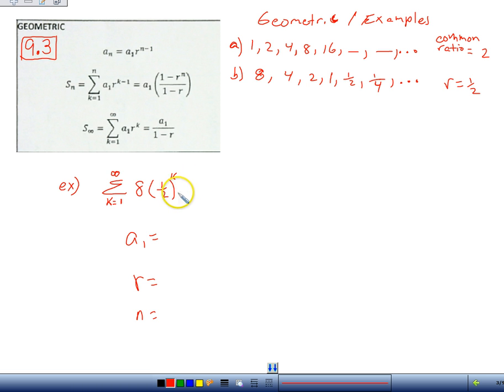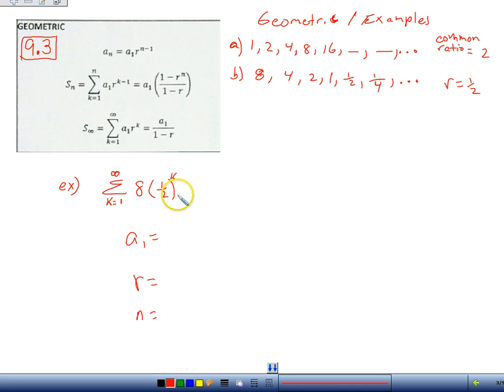Okay, and the condition is that if you expand this series out, it looks similar to example B up here, and not like the first one. If you take a look at B, the difference between B and A is that B gets smaller as we go forward. And in that kind of situation, you can find the sum even though you keep adding an infinite number of terms. Okay.